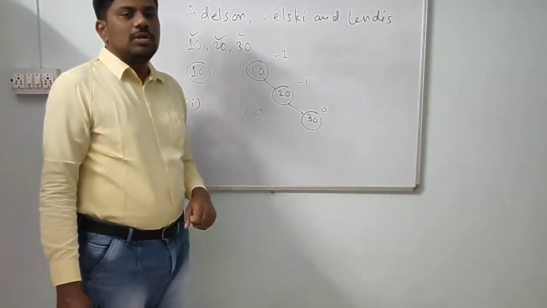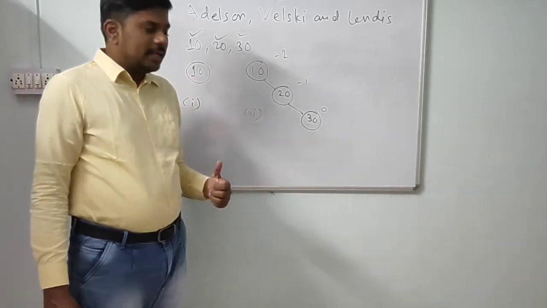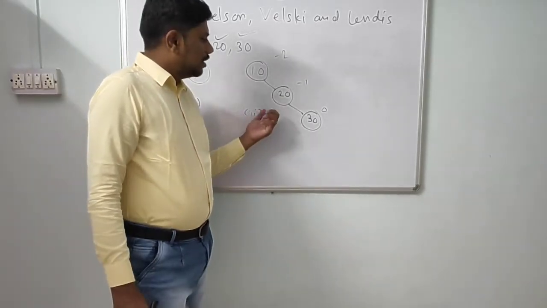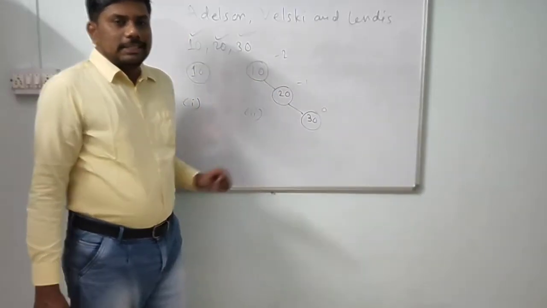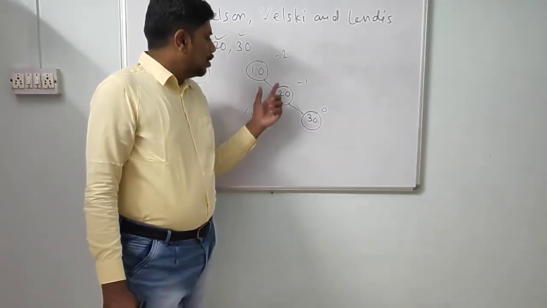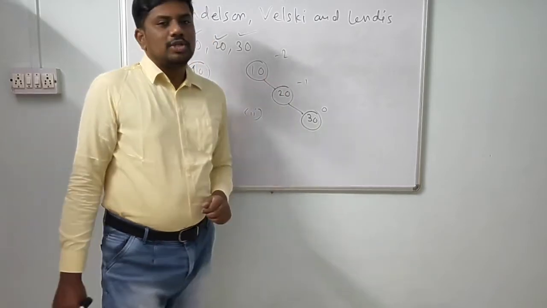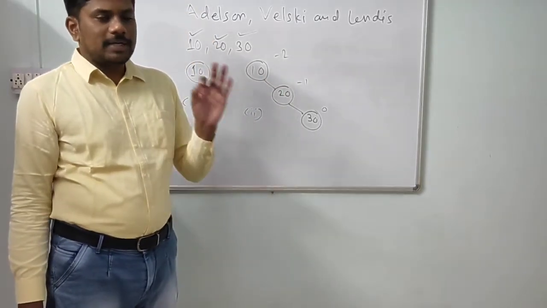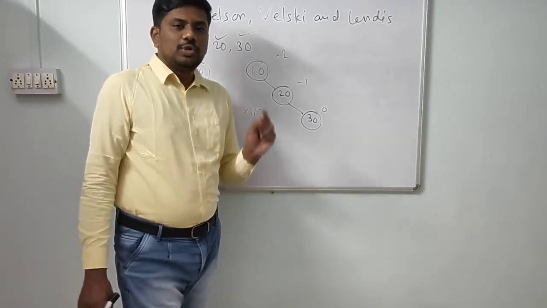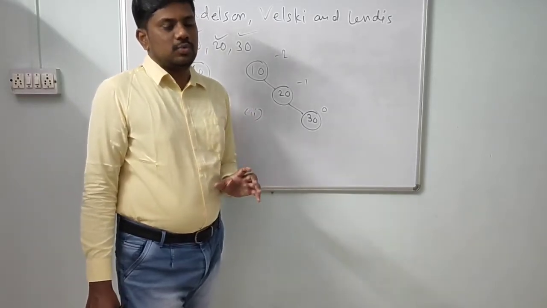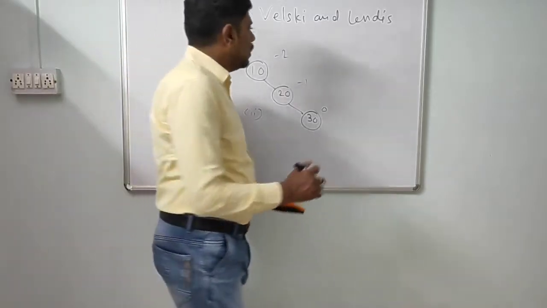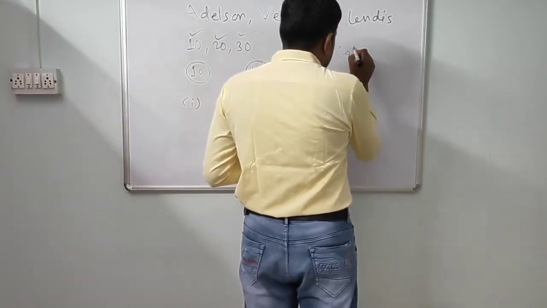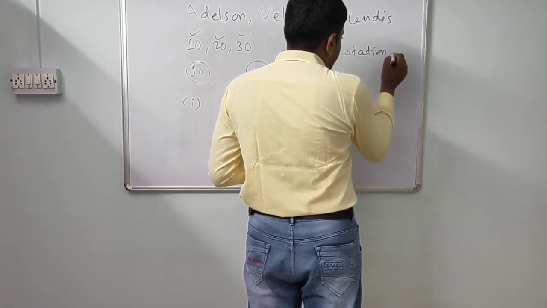We have inserted all the nodes in the tree, but we have reached this situation where the balance factor of 10 is minus 2. That is not acceptable. The balance factor of every node in an AVL tree should be either minus 1, 0 or plus 1. So we need to perform some rotations to make it an AVL tree.